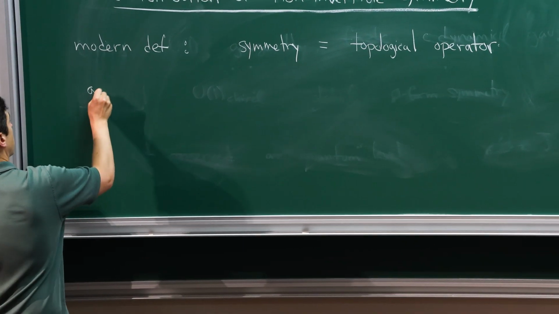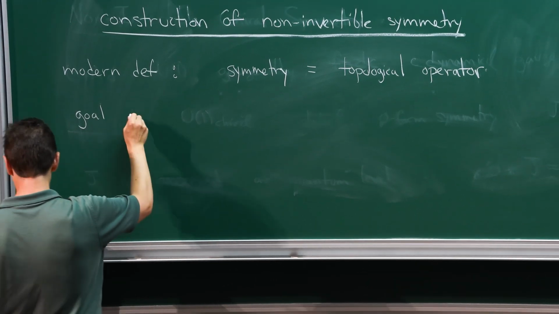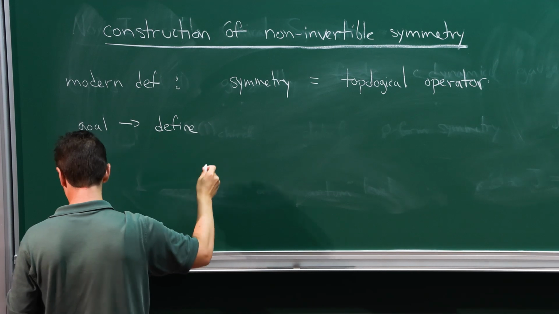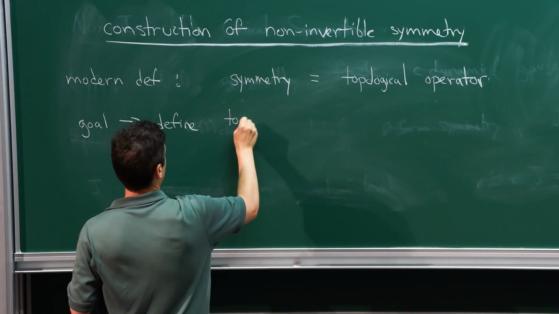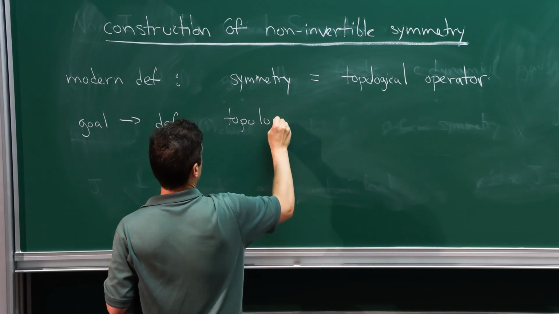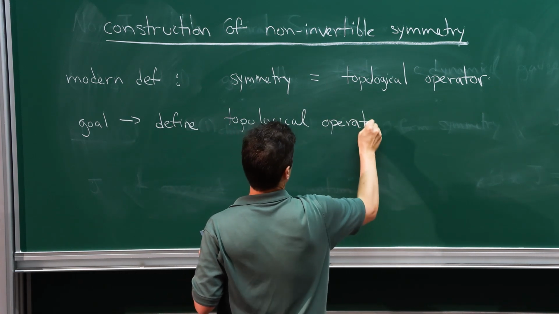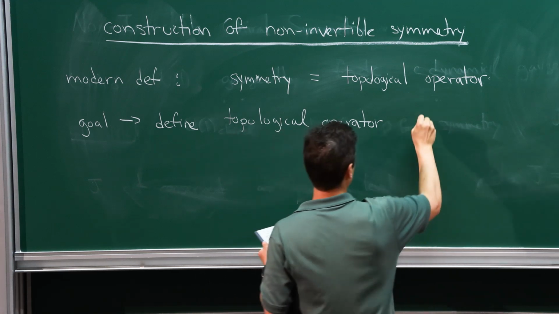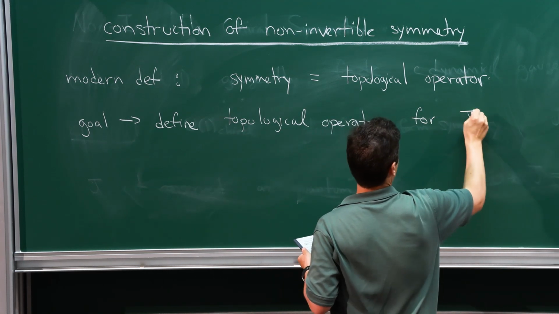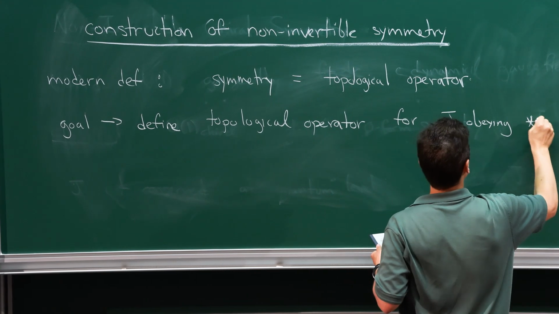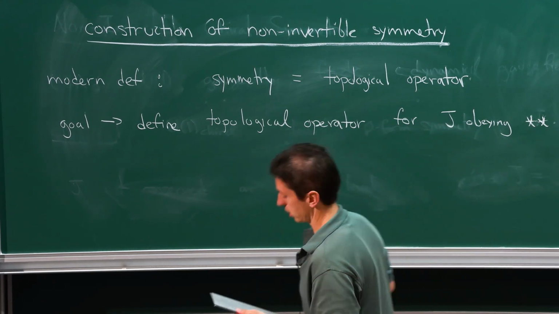So our goal today, therefore, is to define a topological operator for J obeying the ABJ anomaly equation.